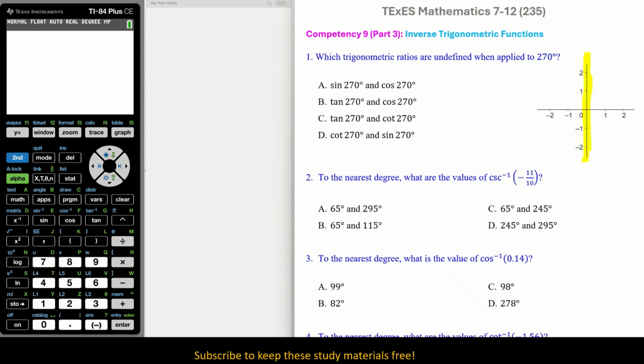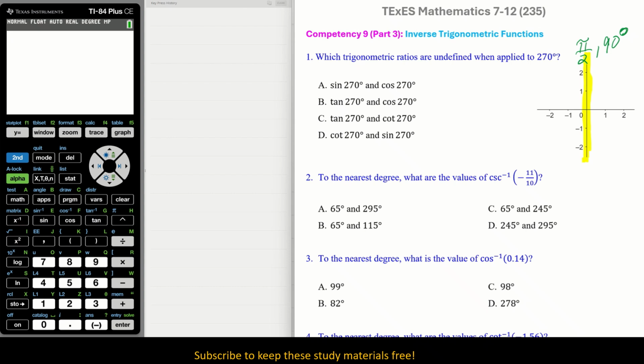And you should associate these with pi over 2 or the 90 degrees, and that would be for sine.